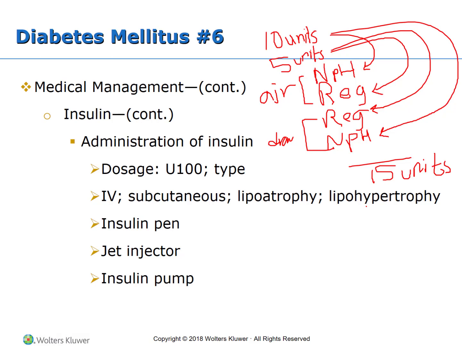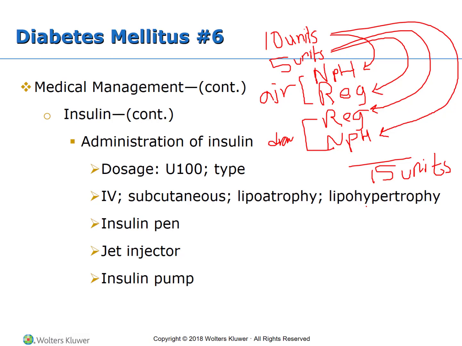All right. We also have the jet injector and insulin pump. Okay, so the insulin pump provides what we call a continuous infusion, and generally it's used in a patient with type 1 diabetes who needs continuous insulin.